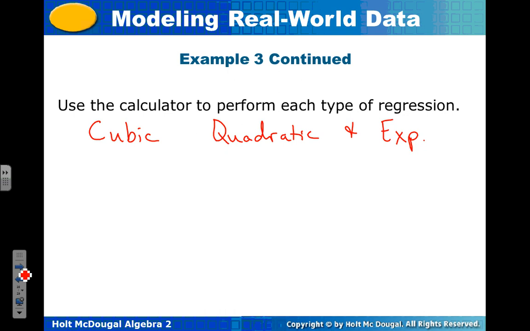After you finish that one, hit stat again, go over to calc again, and go down to quadratic regression. Go down to calculate. Write that equation down.